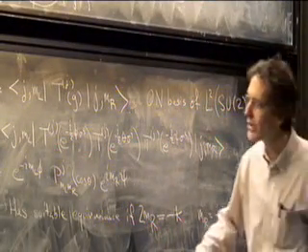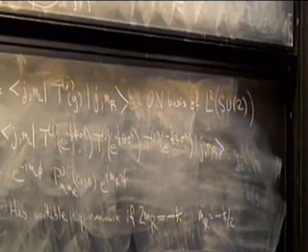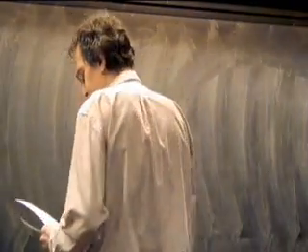Last time I showed that the holomorphic sections of the hyperplane bundle to the kth power can be identified with the vector space of polynomials in two variables which are homogeneous of degree k.